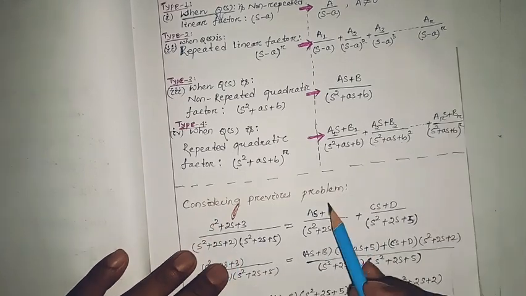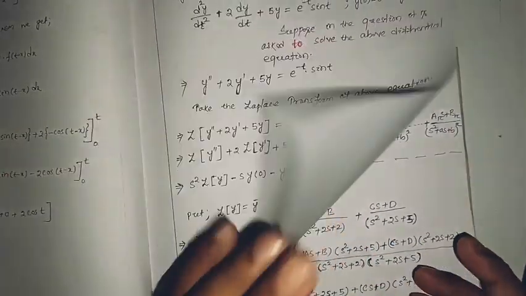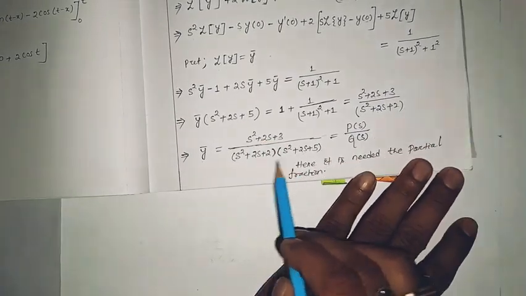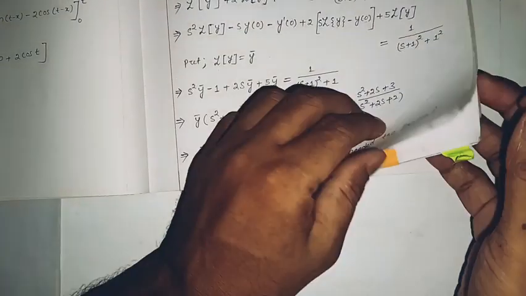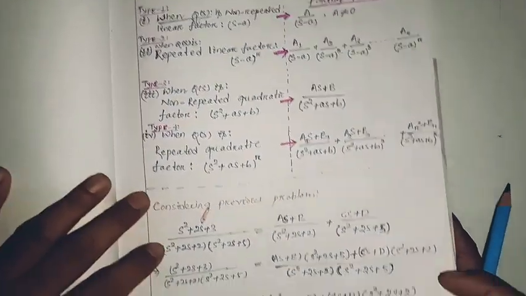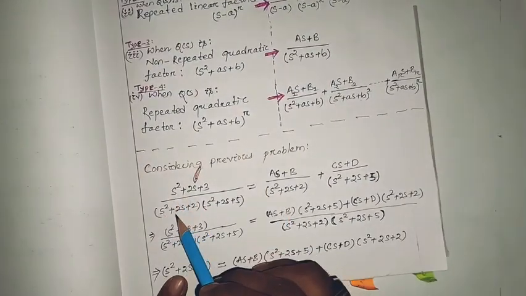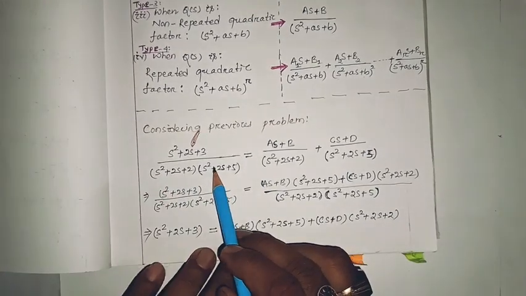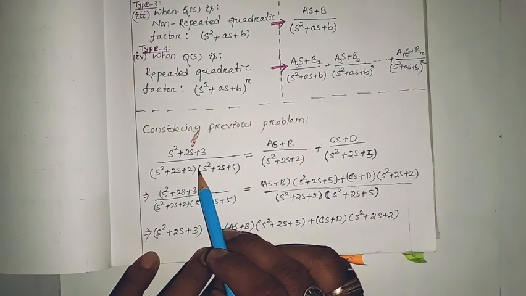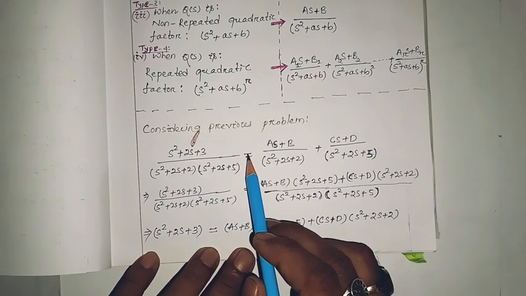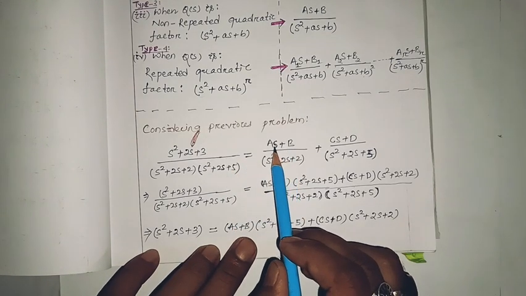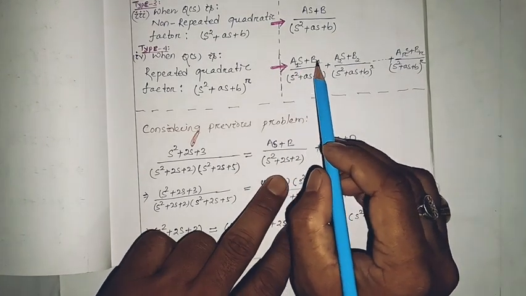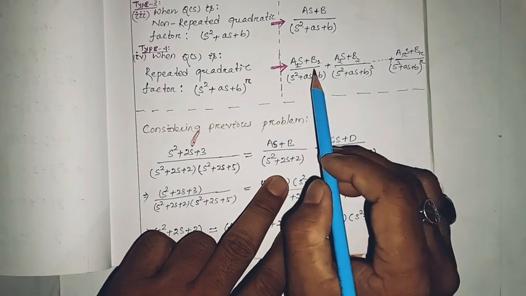Now consider the previous problem, where at the denominator two non-repeated quadratic terms are there, this is different and this is different. To solve this, whenever we consider the partial fraction, we have to write (as + b) over one term plus (cs + d) over the other. Here a1, b1, a2, b2, ar, br are all constants.